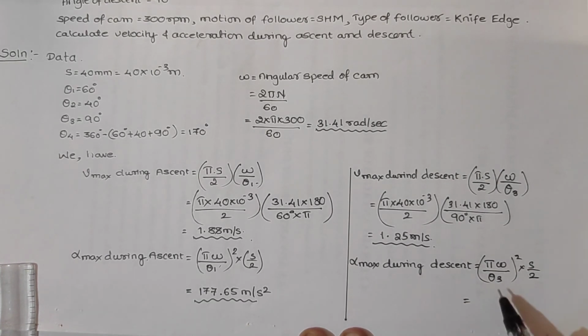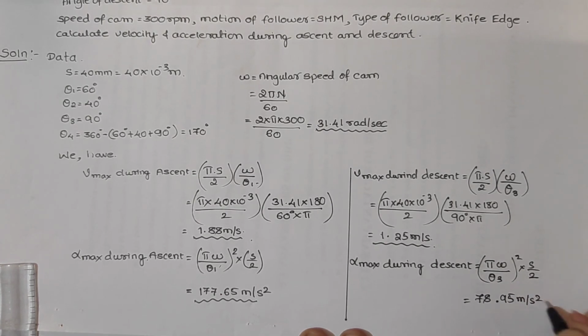When we substitute these values of theta 3, keep it in mind it should be substituted in terms of radians, we will be getting an answer of 78.95 meter per second square.